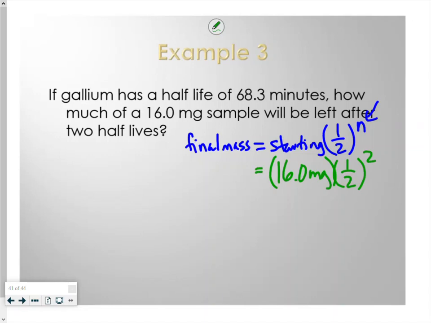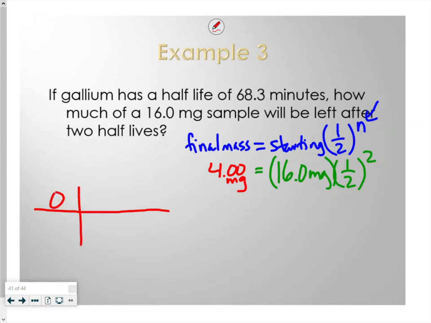And what's that going to give us in our calculator? It should give us 4. Now that's one way to do it. 4.00 we would go with for the sig figs. Milligrams is our unit.